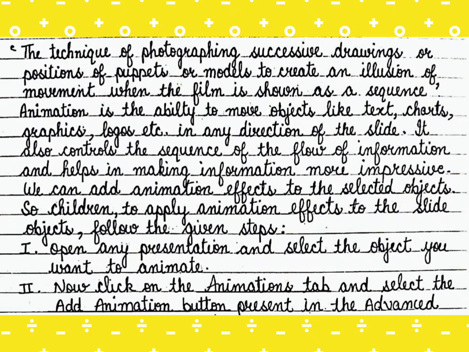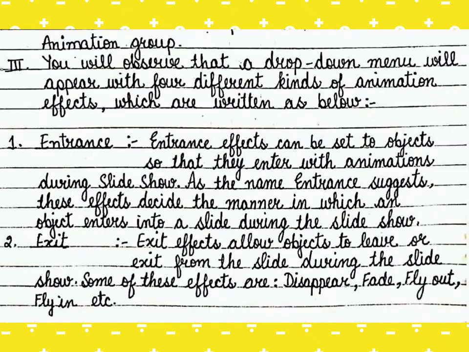Now click on the Animations tab and select the Add Animation button present in the Advanced Animation group. Number 3. You will observe that a drop-down menu will appear with 4 different kinds of animation effects, which are written as below.